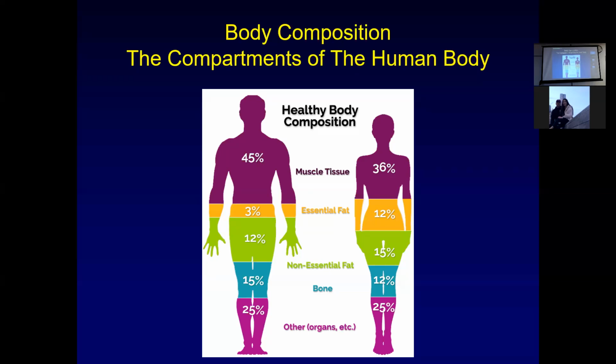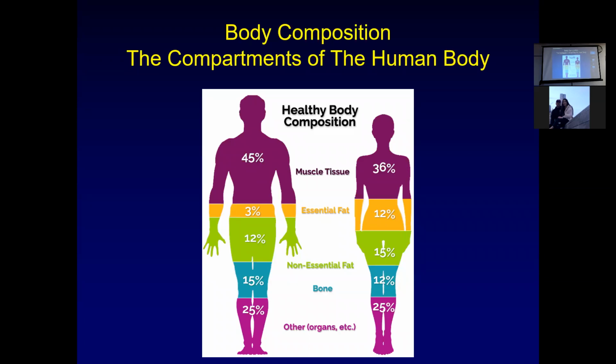So if we look at something and they're calling this a healthy body composition, I don't know what that means. But what you're going to see is what we would consider a relatively lean person, one that does not have a lot of excess adipose tissue, for college-aged men and women.